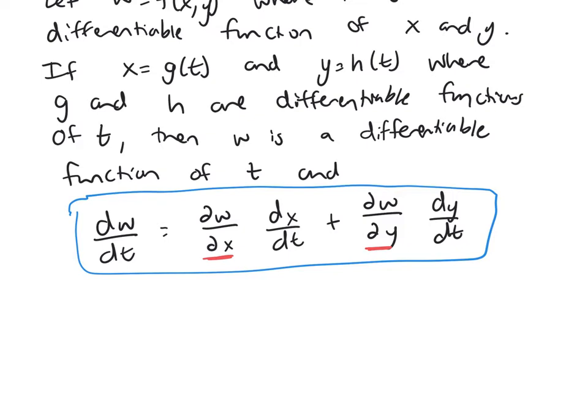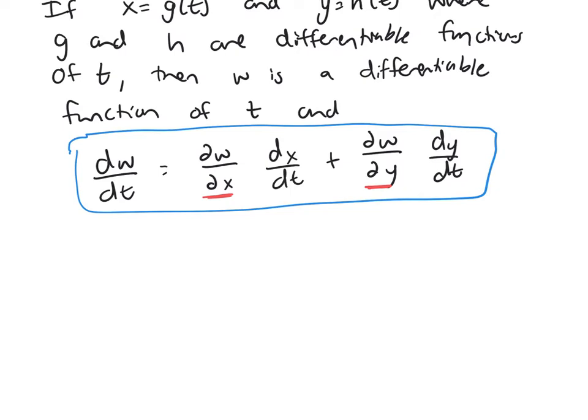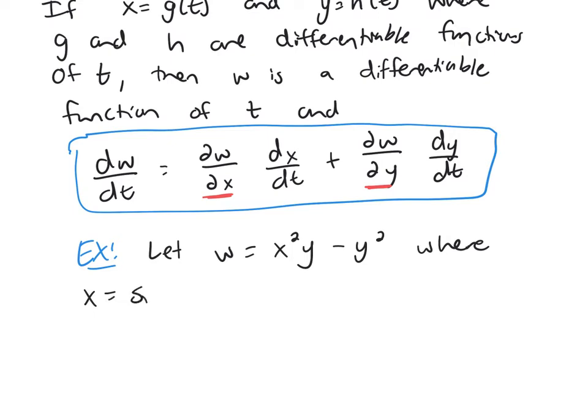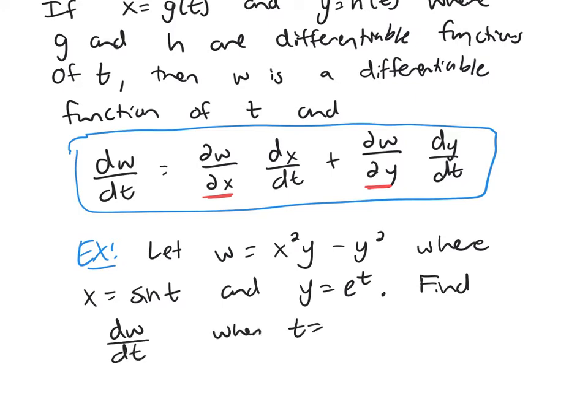So let's look at an example here where we find the derivative. Let's suppose w is x squared y minus y squared, where x is equal to sine t and y equals e to the t. And I want you to find the derivative of w with respect to t when t equals 0.